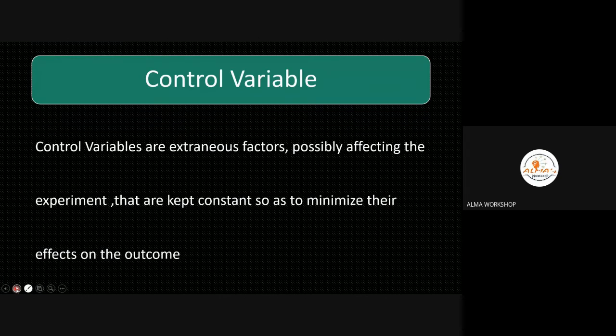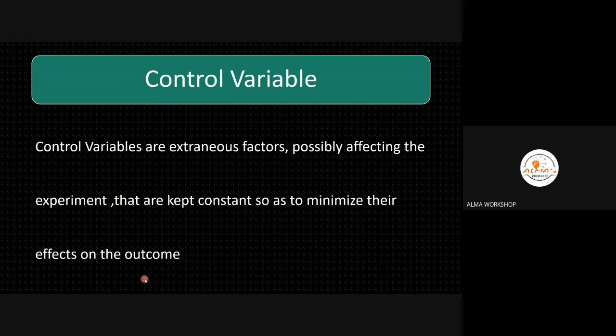So what is a control variable? Control variables are otherwise called as extraneous variables, possibly affecting the experiment, that are kept constant so as to minimize their effects on the outcome. You had independent variable and dependent variable. Independent variable, you gave treatment, teaching methods you gave. But for the control group, you were just giving the lecture.